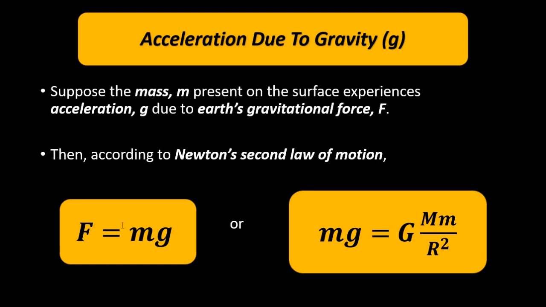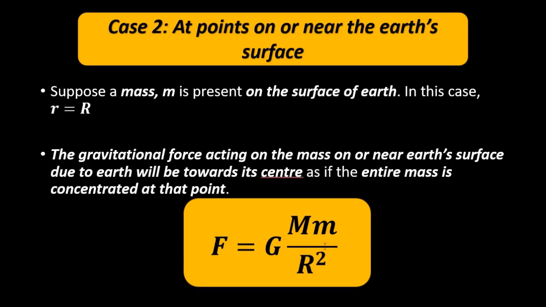That is given by F is equal to mg, according to Newton's second law of motion. Small m is the mass of the satellite, g is acceleration due to gravity. This is experienced under the influence of this gravitational force.